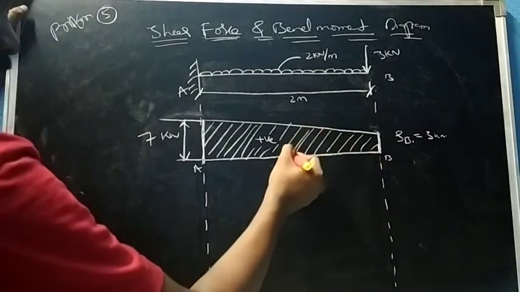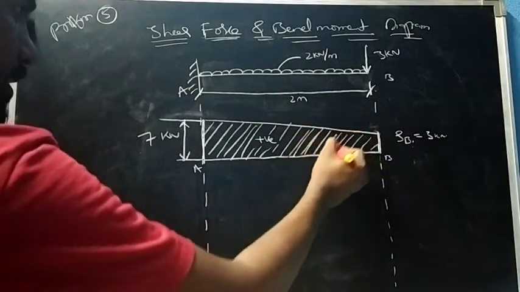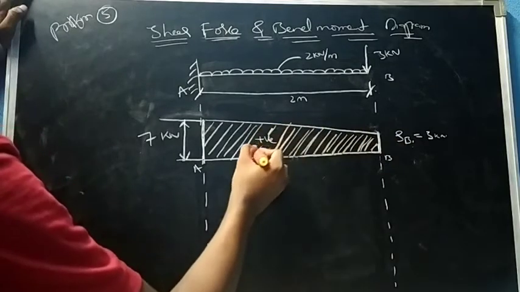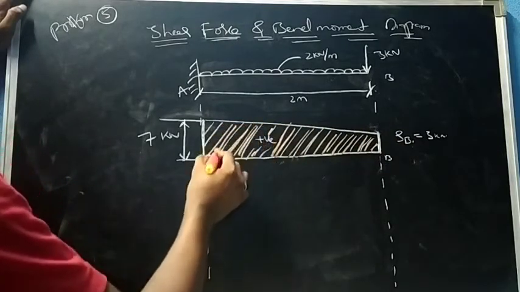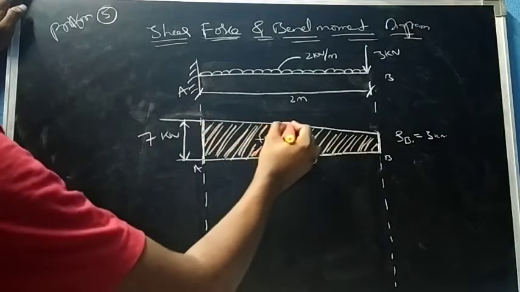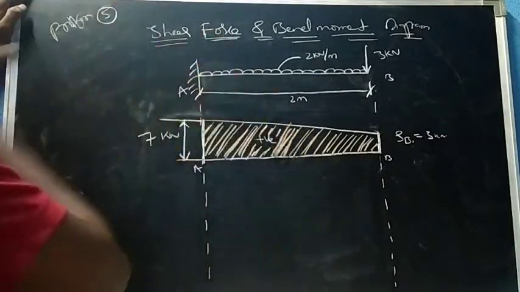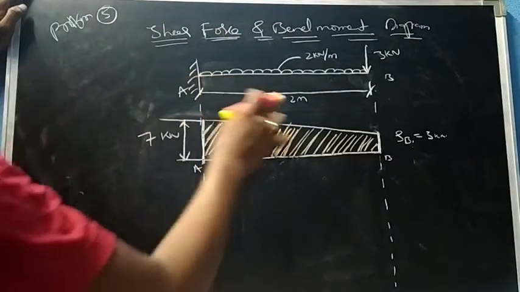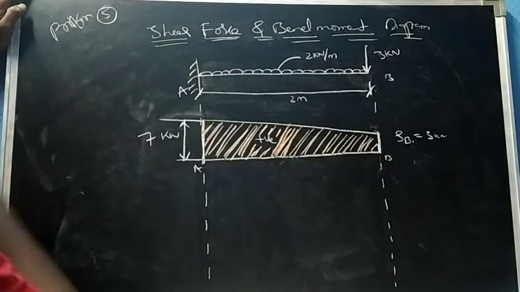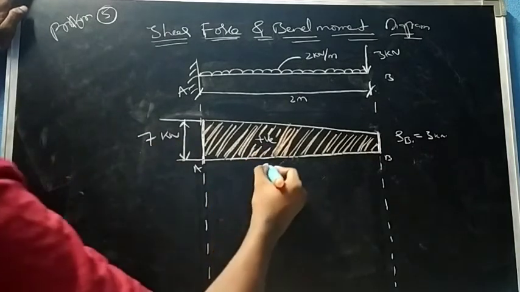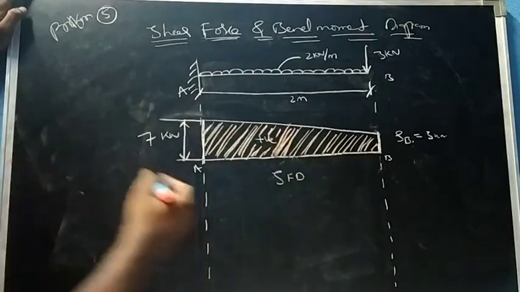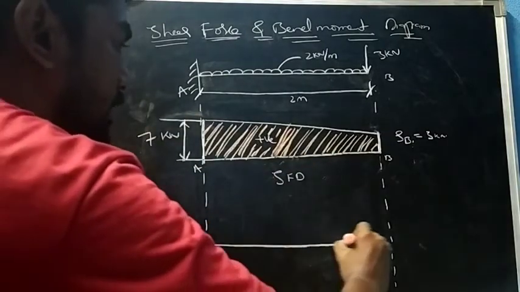Depending upon the shear force and bending moment diagram, as a civil engineer we need to provide the required reinforcement or required design to make this particular beam stable. That means we need to ensure the safety of this beam. Now this is the shear force diagram, and for the bending moment diagram draw the reference line.